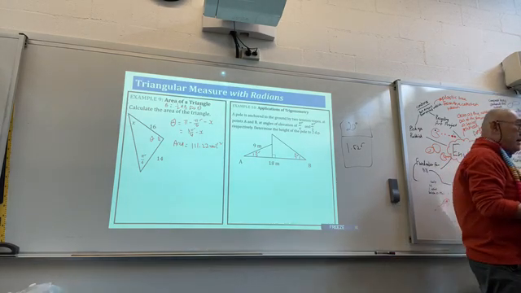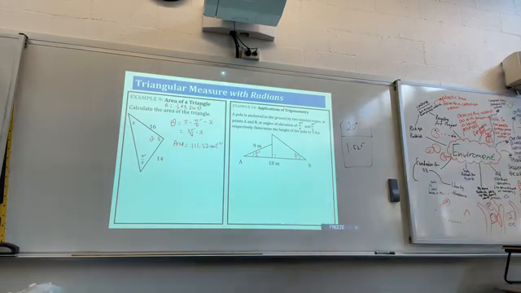Angle of inclination is always measured from the x-axis. It only applies in the Cartesian plane where you've got a straight line. So this is positive, that will be negative. But angle of elevation is always horizontal.